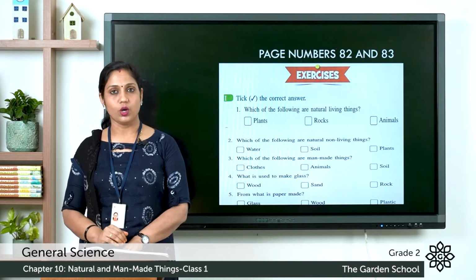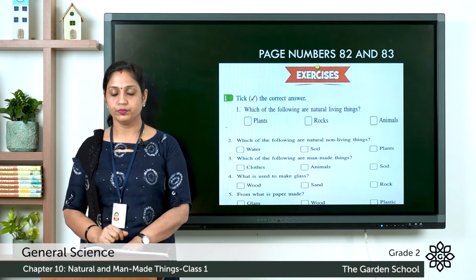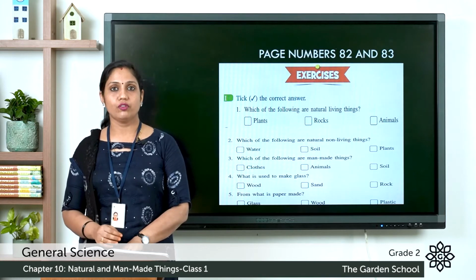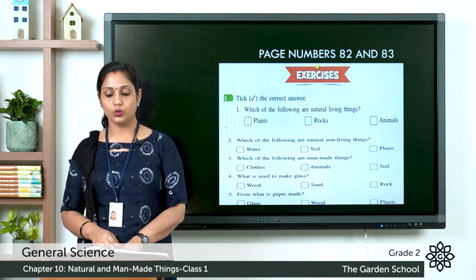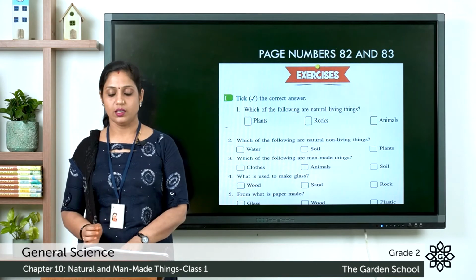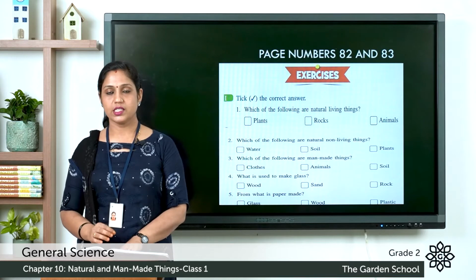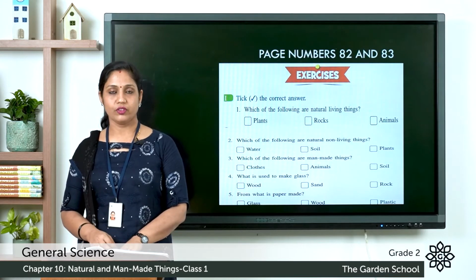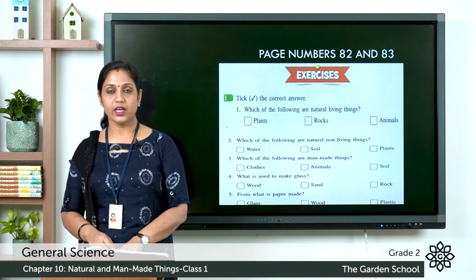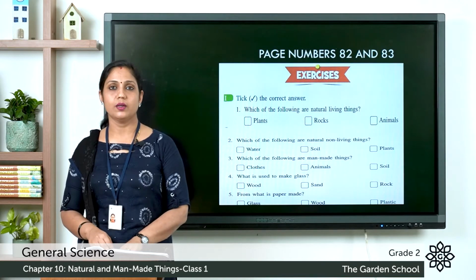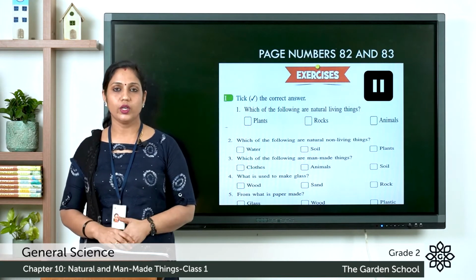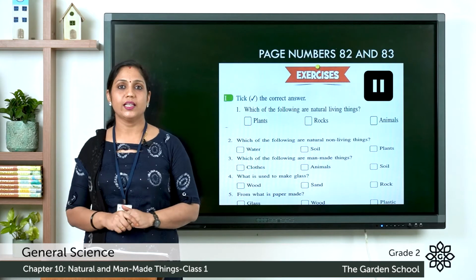The options water, soil, plants. Third, which of the following are man-made things? Clothes, animals, soil. Fourth one, what is used to make glass? Wood, sand, rock. Fifth, from what is paper made? Glass, wood, plastic. So you can pause the video, do this activity and come back.